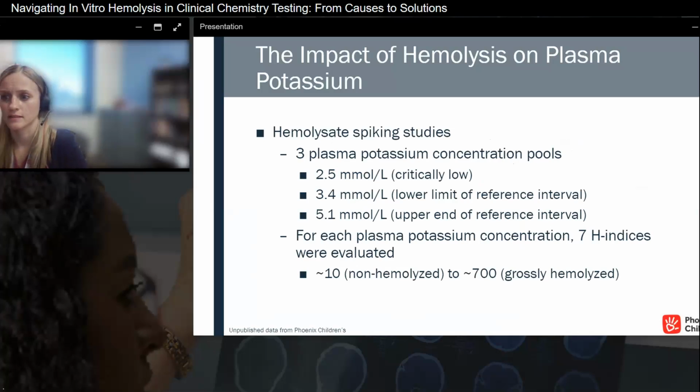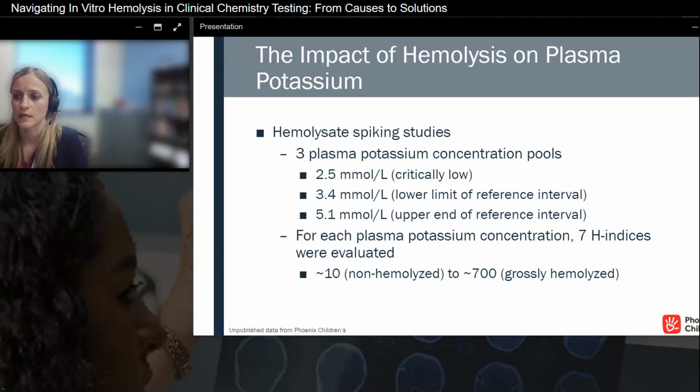To evaluate the interference of hemolysis on plasma potassium measurements, we performed a hemolysis spiking study in-house. Three plasma potassium concentration pools were created, which are listed here. A 2.5 millimole per liter pool, selected because it would be considered a critically low plasma potassium value, and then two plasma potassium concentrations that were within the reference interval, a 3.4 millimole per liter pool and a 5.1 millimole per liter pool.